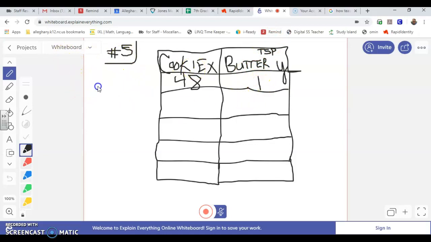So let's rewrite this over here. 48 cookies equals 1 cup of butter to make 48 cookies. So I want to know how much does it take to make 1 cookie, and that would be 1 teaspoon.